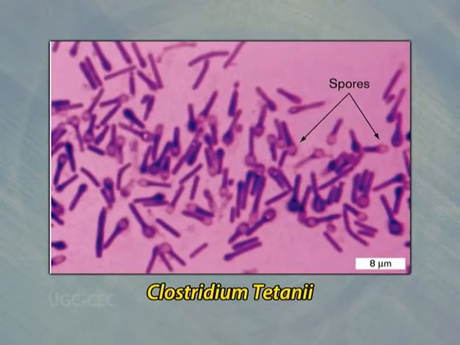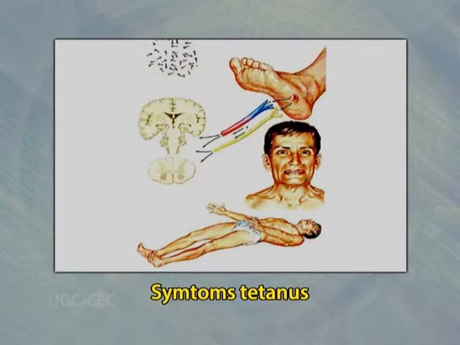Some microorganisms that invade the body produce toxins. For example, the bacterium Clostridium tetani in an infected wound produces a toxin that causes tetanus. Some diseases are caused by toxins produced by microorganisms outside the body.